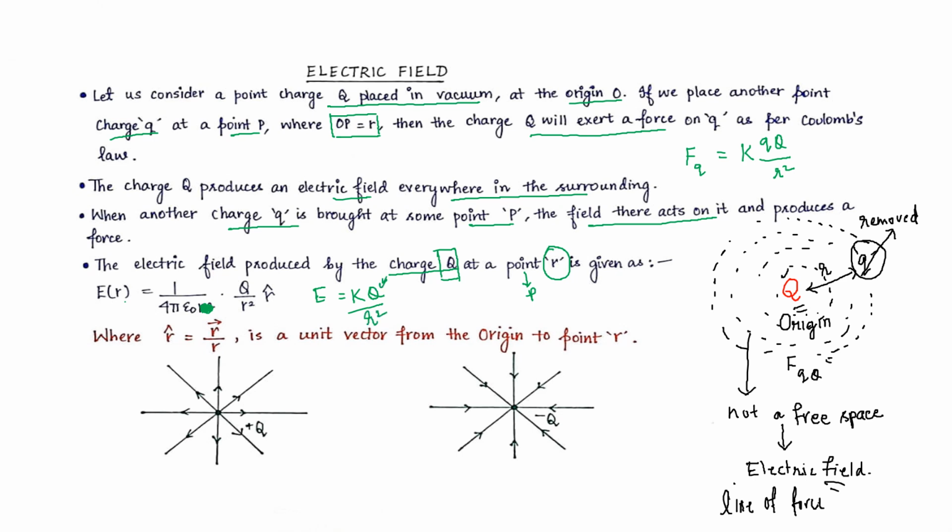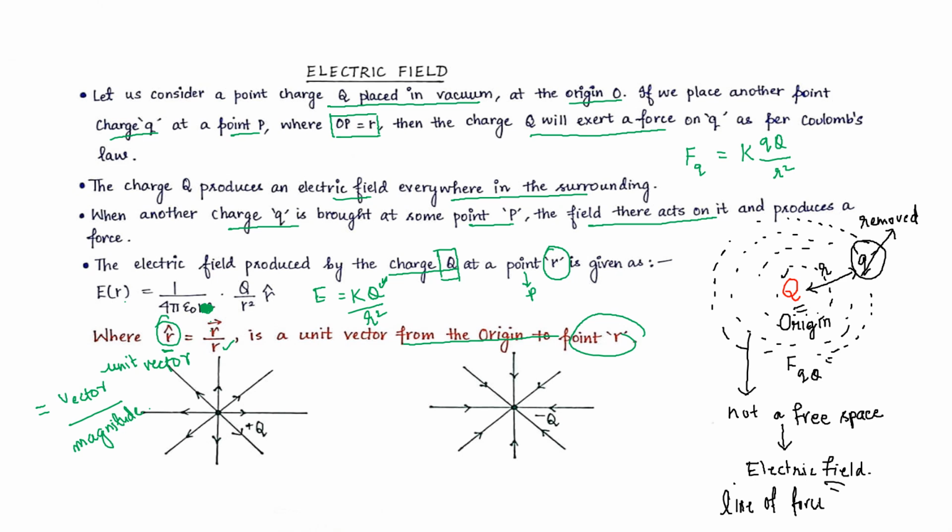This is our source charge, where r cap is given as r bar divided by r. What is r cap? Unit vector. Unit vectors are given as vector divided by its magnitude, vector upon magnitude of the vector, a unit vector from the origin to point P.